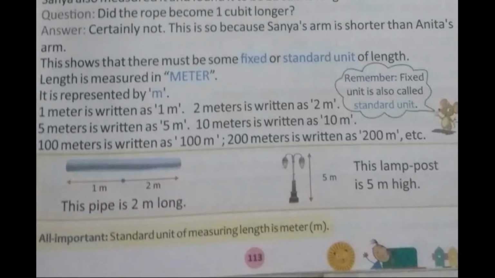For example, if we are going to measure 1 meter, the short form of writing 1 meter is 1 m. If it is 10 meters, then it will be 10 m. Very good. If it is 100 meters, then what will we write? 100 m. Very good. So we measure the length by meter.